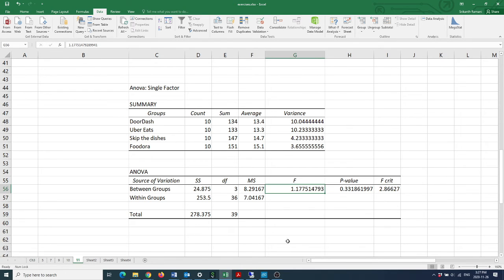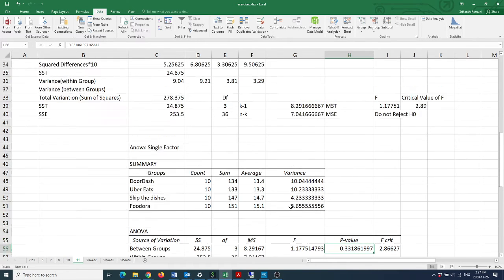So as we can see, the F value is not greater than the critical value, and so here we do not reject H0. In fact, the probability of type 1 error is given at 33.18%, where the maximum level, at alpha of 0.05, is 5%, right? So there's a 33% chance that this is not true, and that's a very, very high number.